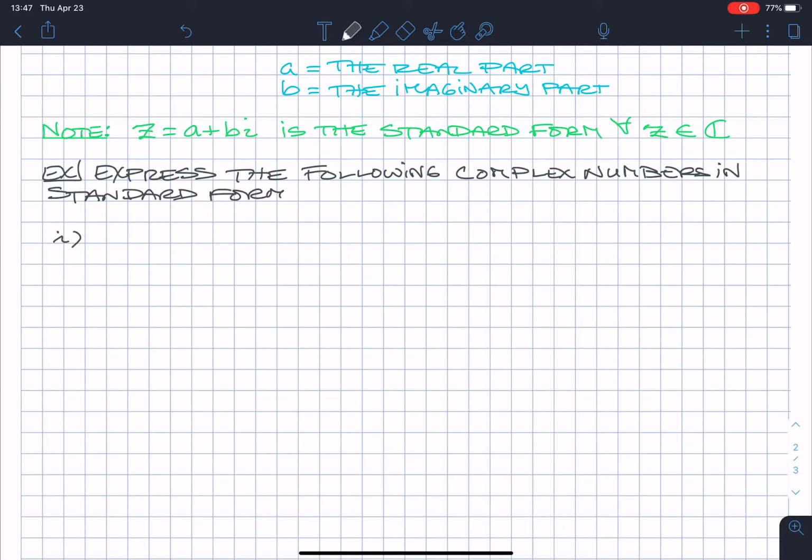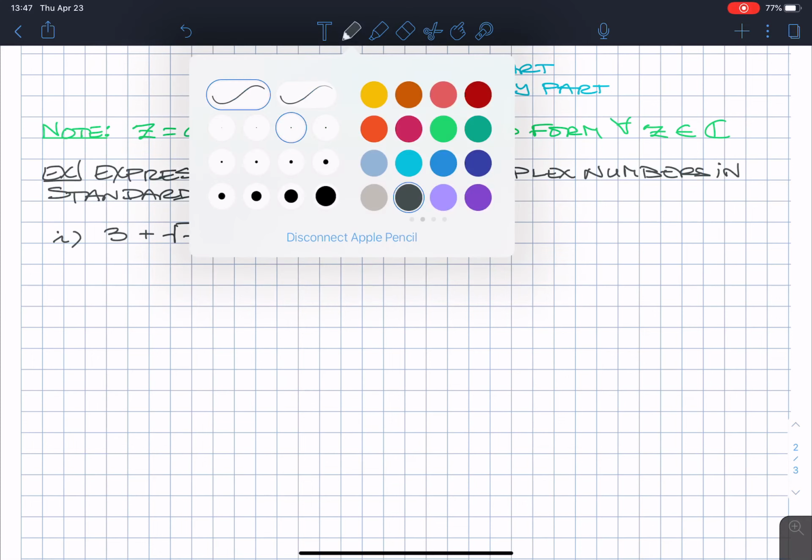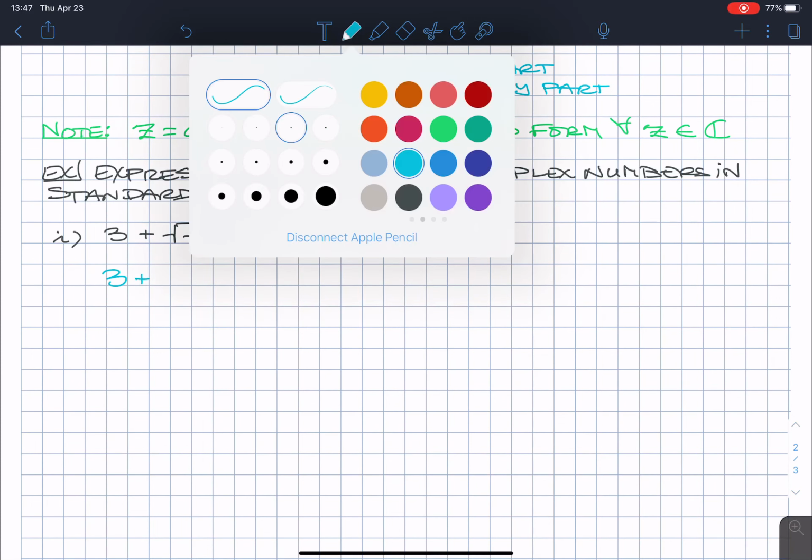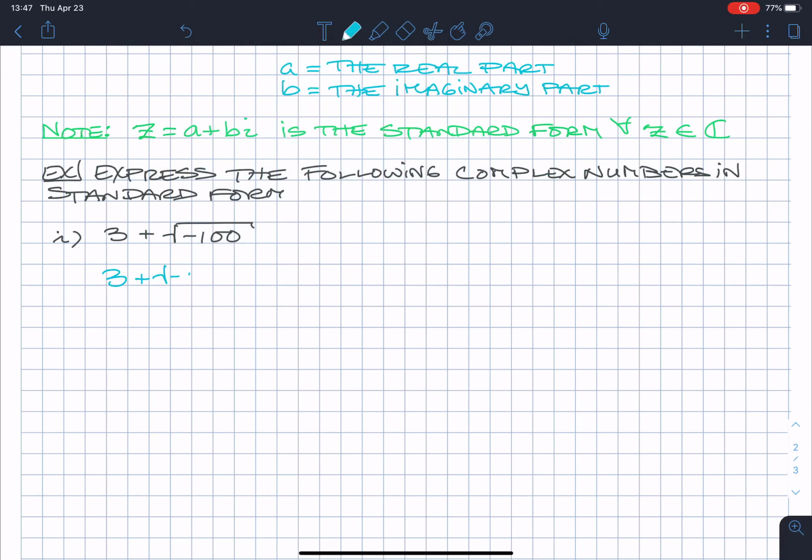Okay, so number 1, let's say we have 3 plus the square root of -100. I'll just keep this blue for a moment.